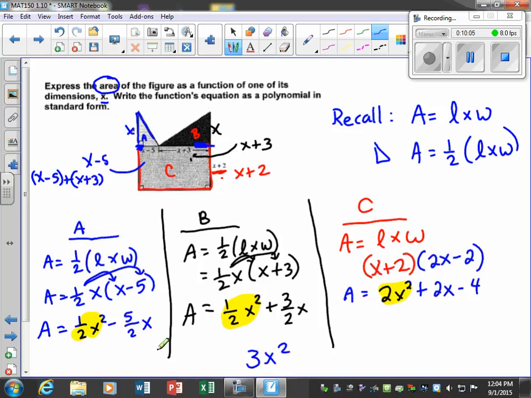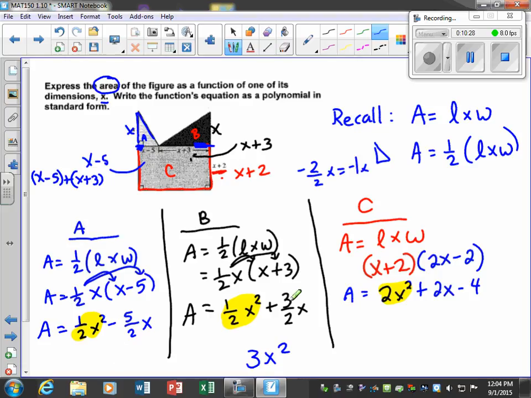The good thing about this is these two have common denominators. So when I'm adding the x terms, negative 5 over 2x plus 3 over 2x is negative 2 over 2x, and that simplifies to negative 1x.